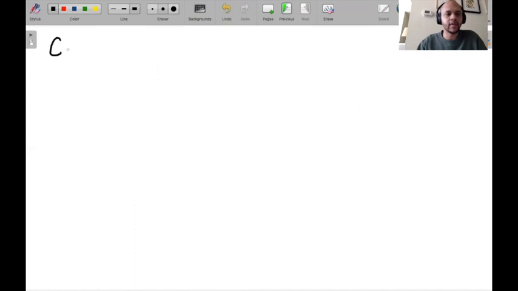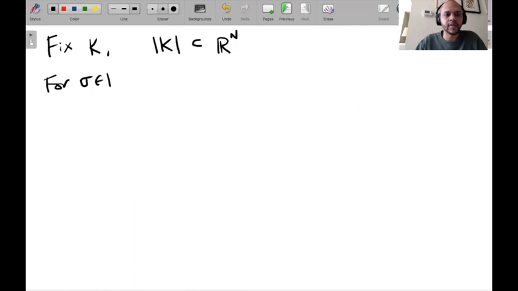Let's consider the geometric realization. So let's fix K. Its geometric realization is a subset of Euclidean space. For sigma, a simplex of K, let's say sigma has vertices V0 up to Vn.